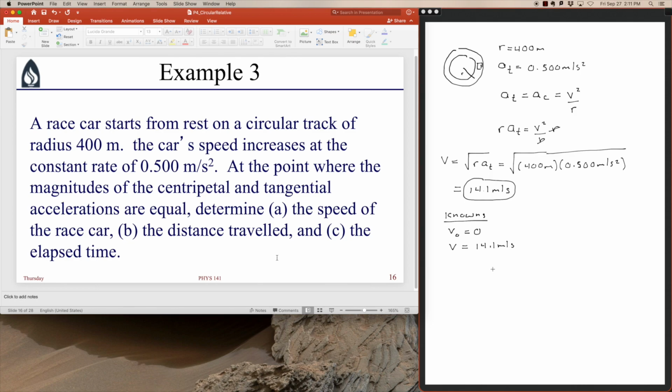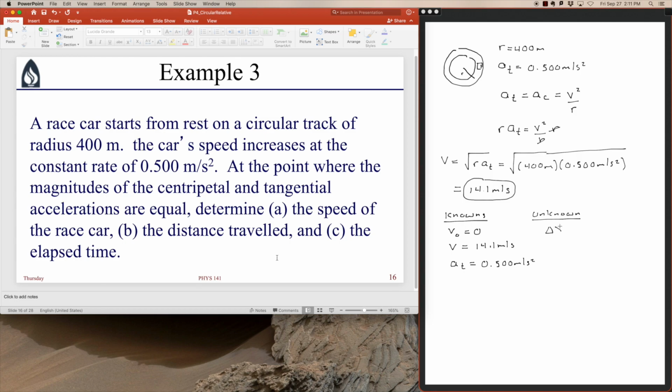Anything else that I know? I know the acceleration that was causing the speeding up. That was my tangential acceleration, so that was 0.5 meters per second squared. I think that's it for things I know at this point. And the unknown I want to find is the distance traveled, or displacement, and I'll call that delta x.